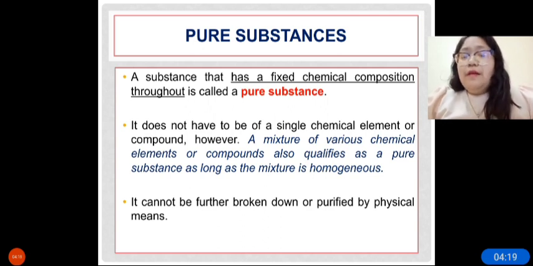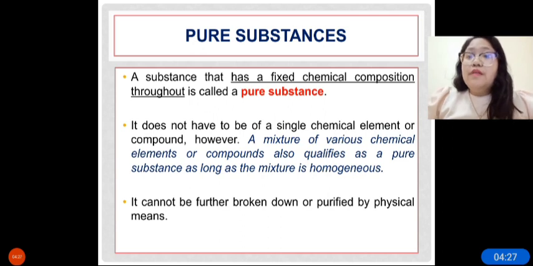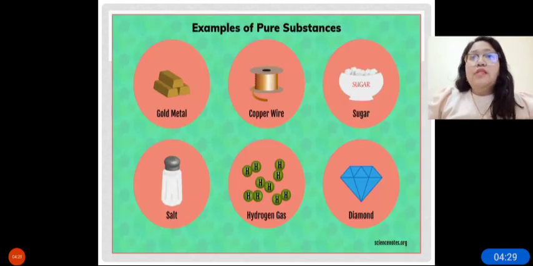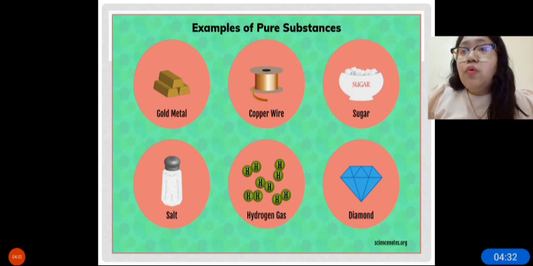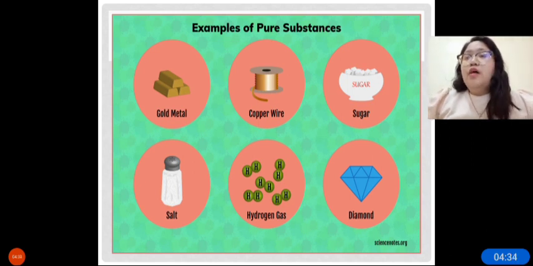And lastly, pure substances cannot be further broken down or purified by physical or chemical means. Examples of pure substances include gold metal, copper wire, sugar, salt, hydrogen gas, and diamond.